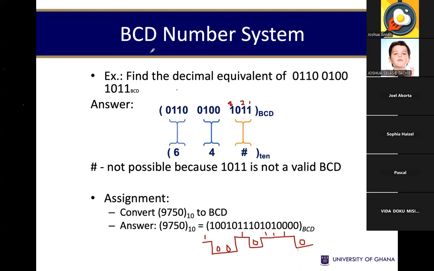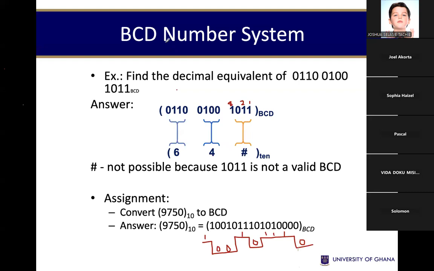I saw another hand up. Joshua. Yes, sir. When you compare the decimal to the hex, you ended at 15. Is it possible that we would be asked to change 16 decimal to hex? Is that possible? 16 decimal to hex. That's decimal number 16, you want to convert it to hex. Yes, easily, sir. What do you think?